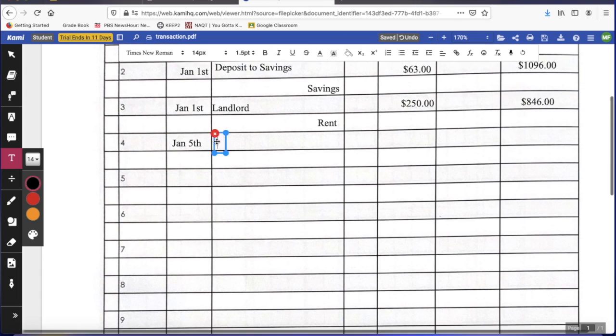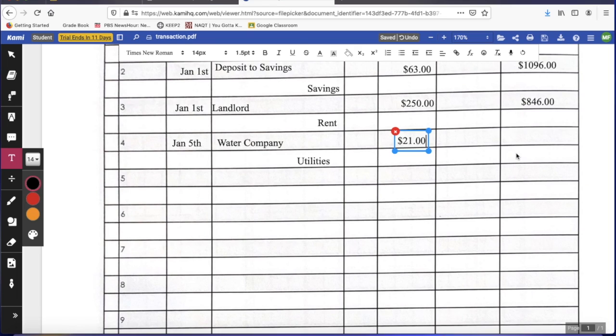He's going to the water company and he is paying utilities, and he is paying $21.